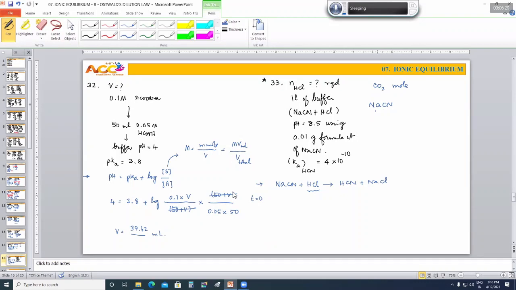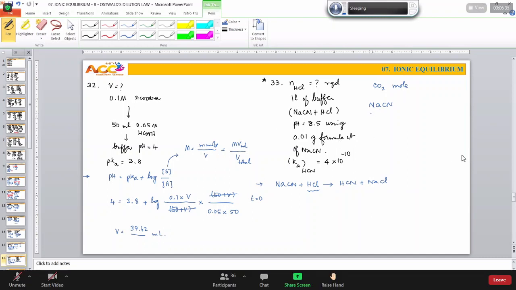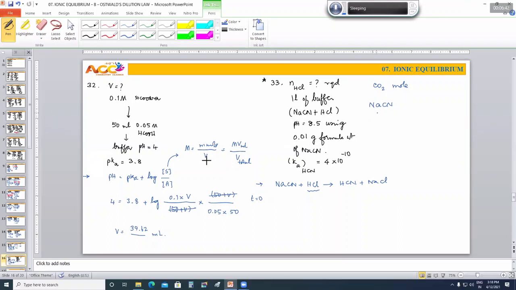In case of ionic compounds, the word mole is not correct because this is not a molecule. Of course, I am saying molecule, you also say molecules, examiner also says molecules. It's a common way of saying it, but it is not a molecule. It is a formula. Covalent compounds are said to be molecules because they are having covalent bond.